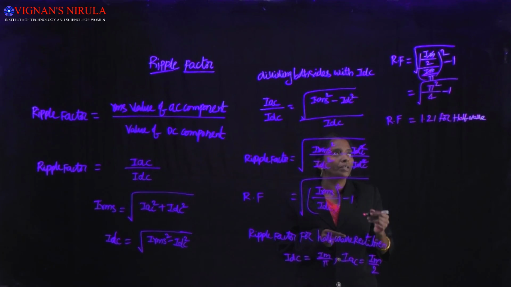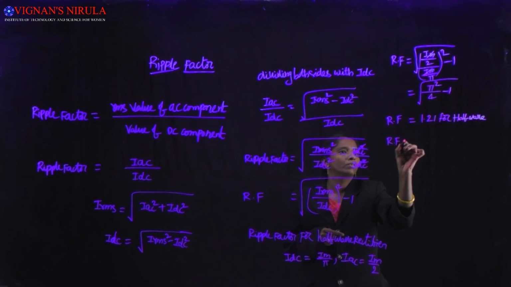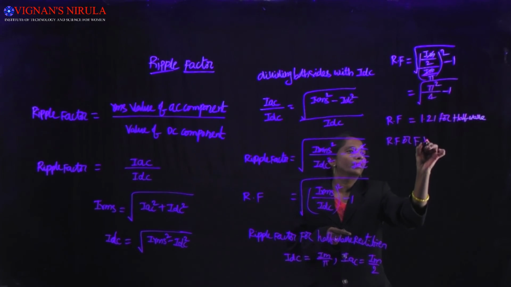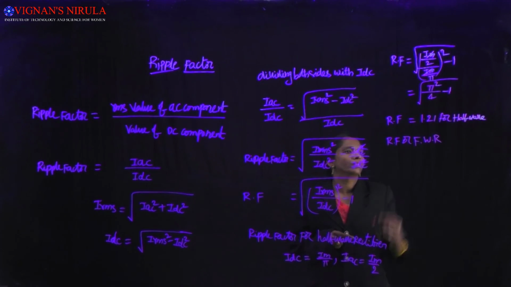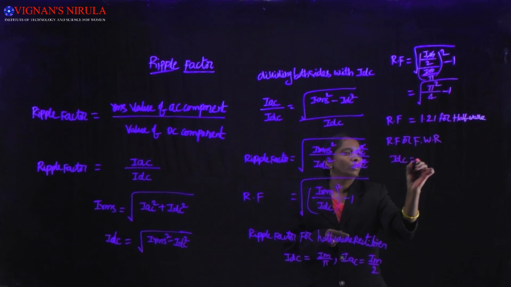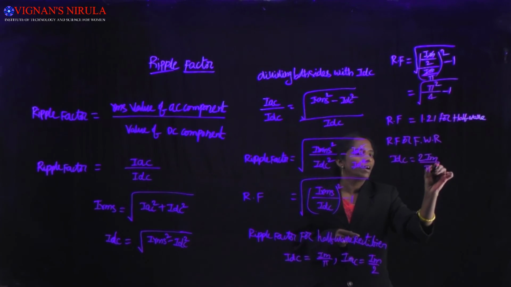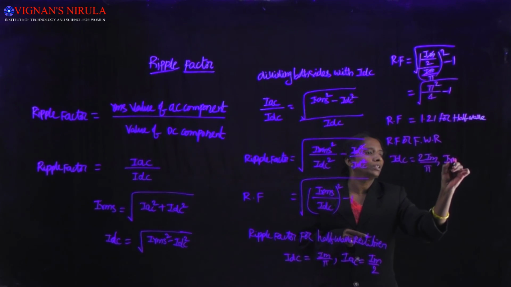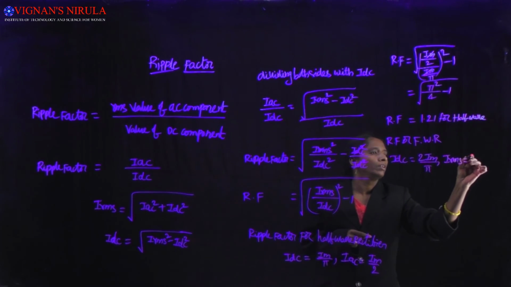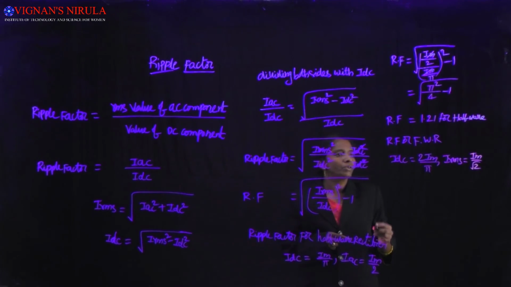Now we are going to calculate the ripple factor for the full wave rectifier. For the full wave rectifier, IDC equals 2IM by pi and IRMS equals IM by root 2. Now substitute the values in the ripple factor equation.